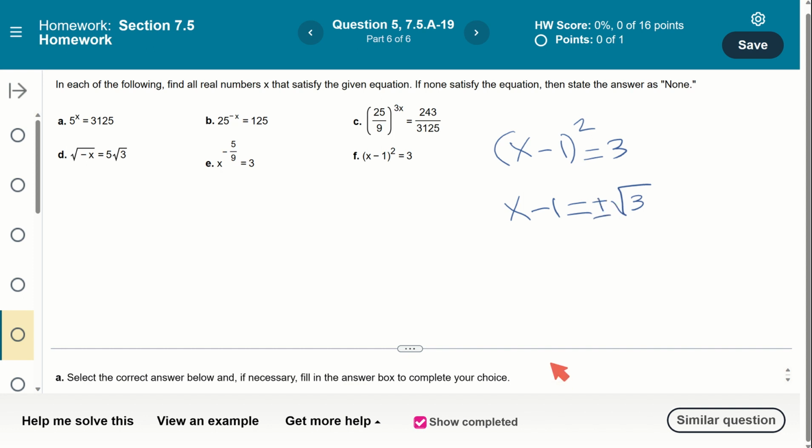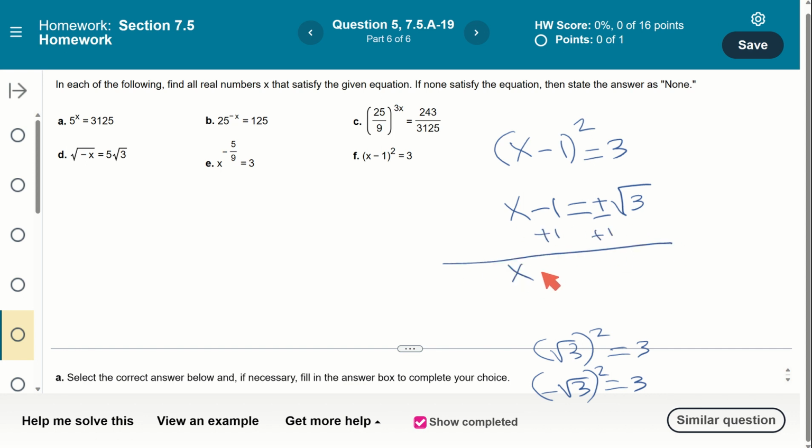Because what happens if I take square root of 3 and square it? I get 3, right? What happens if I take the negative square root of 3 and square it? That also gives me 3, correct? So now all I have to do to solve this is go ahead and add 1 to both sides.